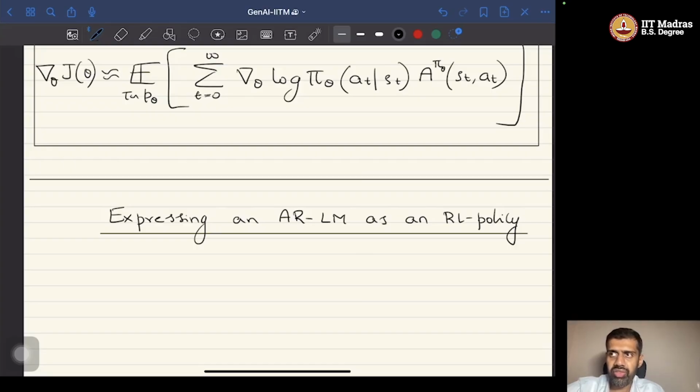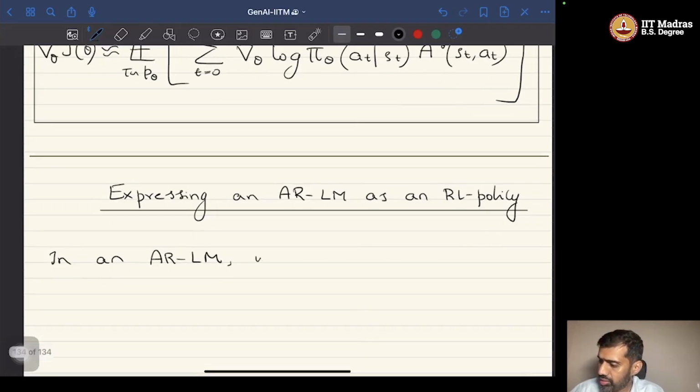So what do we need? We first need to see a language model in terms of an RL policy. So what is done in an autoregressive language model?